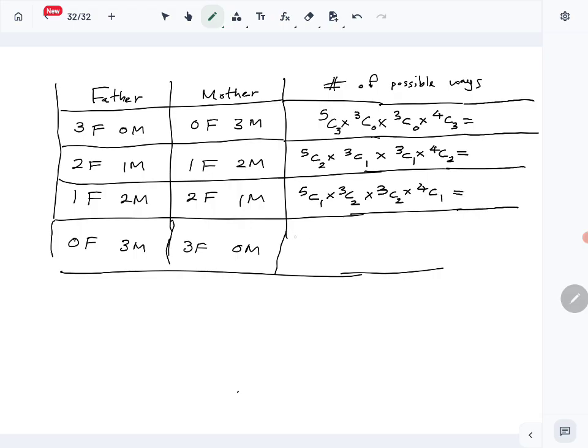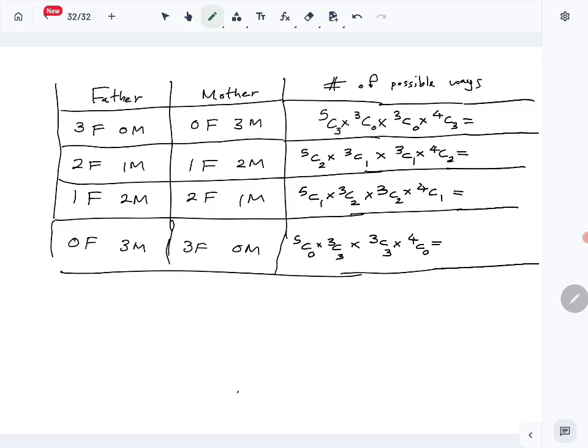Then the final case 5C0 because 0 females for father's side and 3C3 because 3 males for mother's side, 3C3 for the females and 4C0 for the males. Right. Now let's find these values.